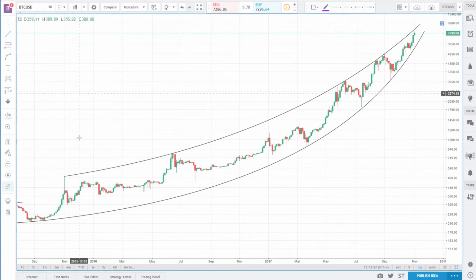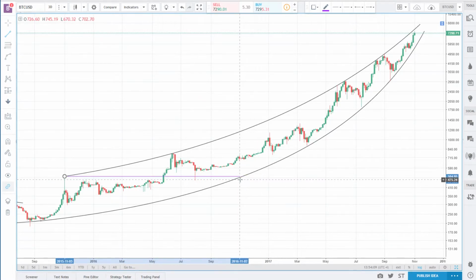Okay, so if we look here, let's do a trend line. So let's just do a little thought experiment here. Every time we make a point on the upper curve of the banana, let's draw a horizontal line. We'll just draw it to the curve, and we'll do this for every single one here.